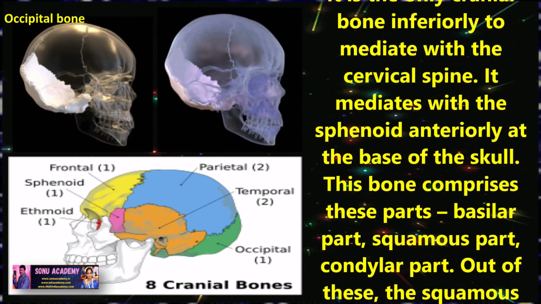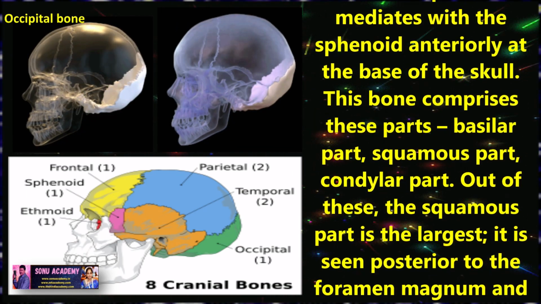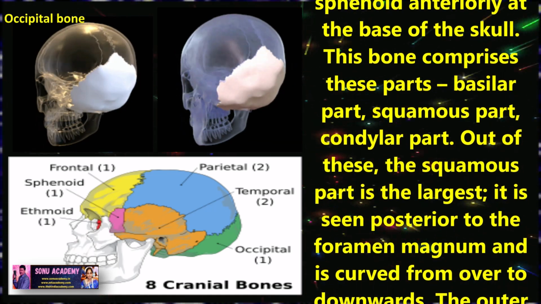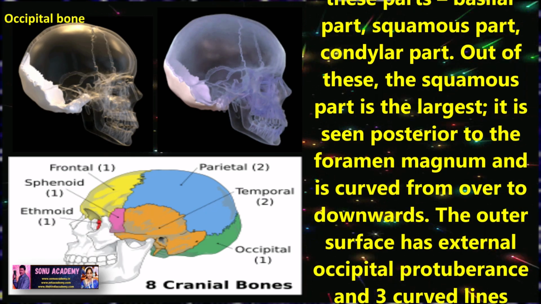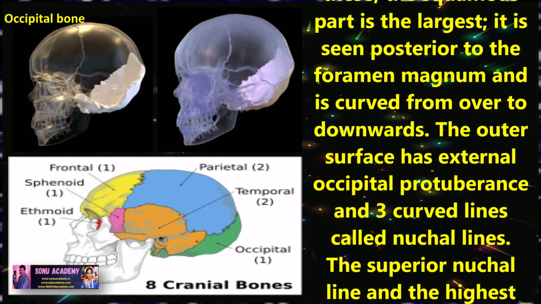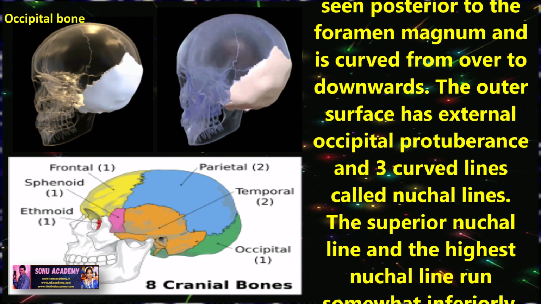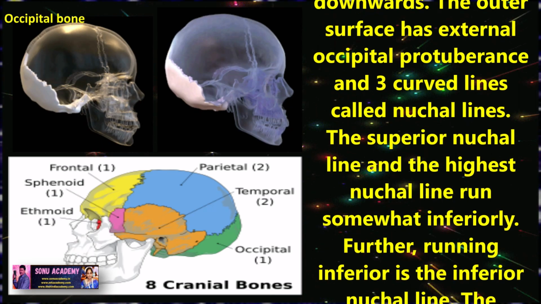This bone comprises three parts: the basilar part, the squamous part, and the condylar part. Of these, the squamous part is the largest. It is seen posterior to the foramen magnum and is curved from above to downwards. The outer surface has the external occipital protuberance and three curved lines called nuchal lines.